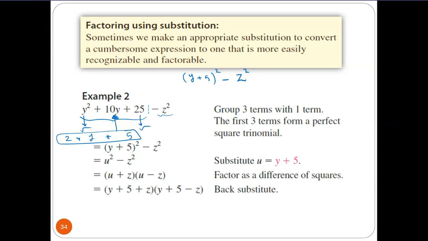If we have a bracket squared minus z squared, this is a difference of squares. We put the first term y plus 5 plus the second z, and y plus 5 minus z, like this. And we can remove the brackets of y plus 5. So we have y plus 5 plus z, and y plus 5 minus z. Okay?